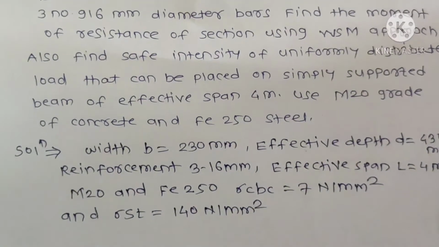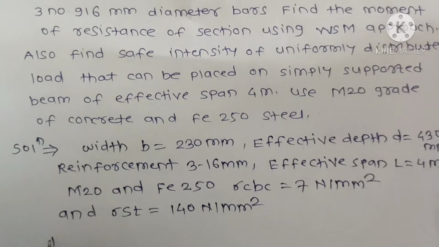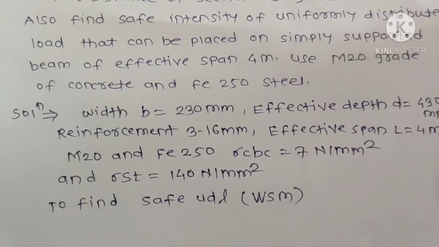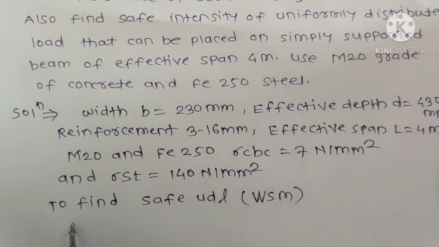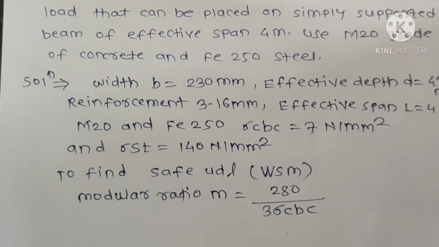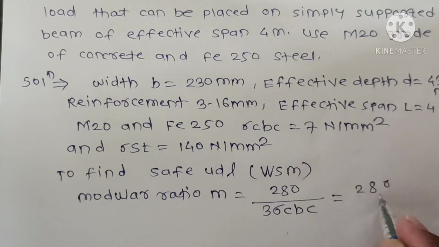Then to find the safe UDL by WSM, modular ratio m is equal to 280 by 3 sigma CBC, is equal to 280 into 7, that is 13.33.